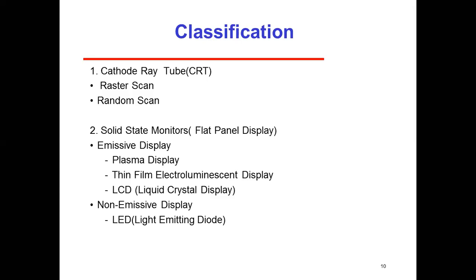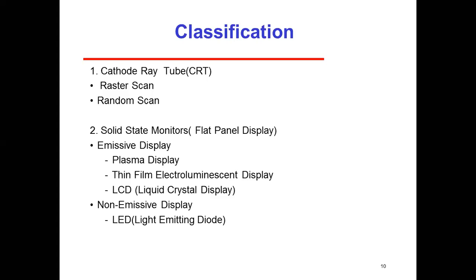But we first emphasize the optimum ones, which have the minimum disadvantages and maximum advantages. Currently we are using TFT or LED based monitors because the power consumption is very low in such monitors, and there is not so much complexity.